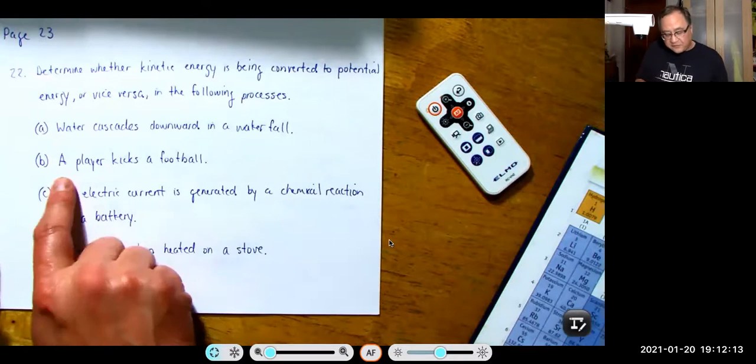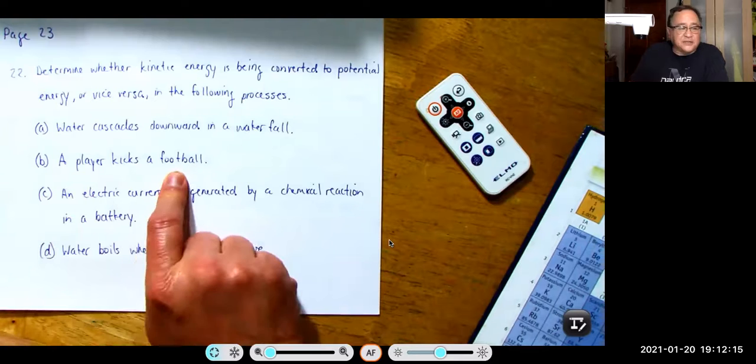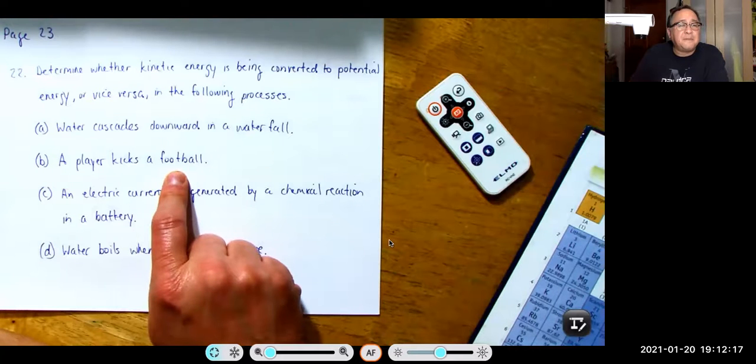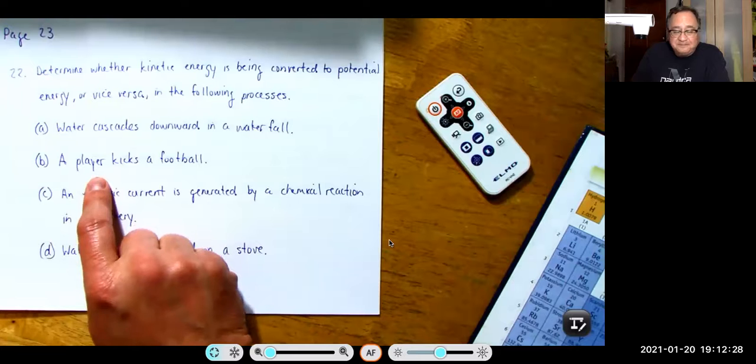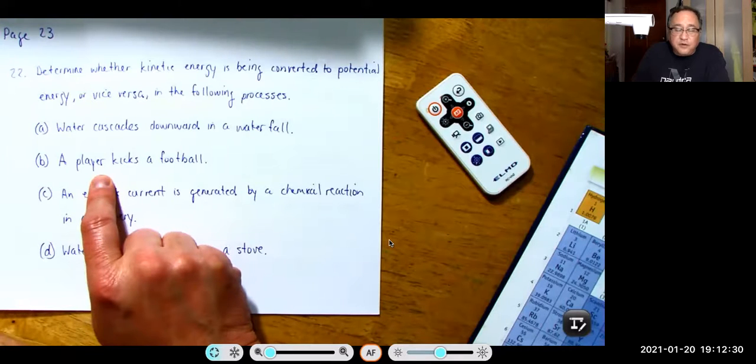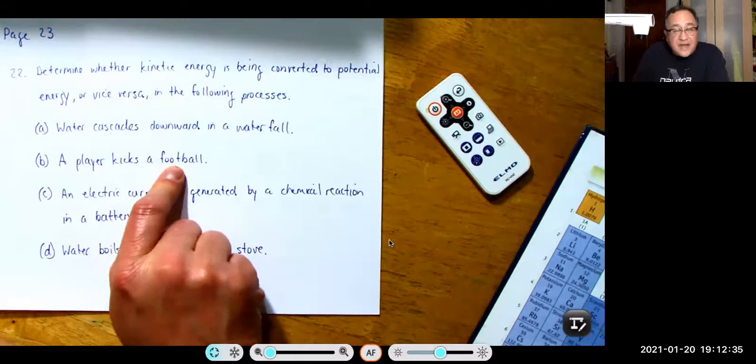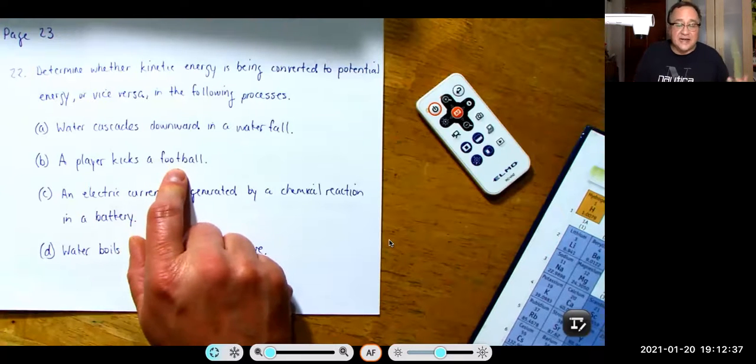How about a player kicks a football? Kinetic or potential? See, this is another one. A player kicks a football. To kick a football, you've got to move your leg, right? And here, if we think of the football in flight, it's also kinetic energy.